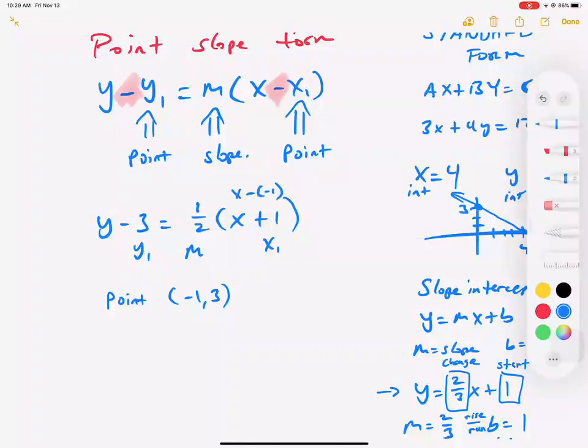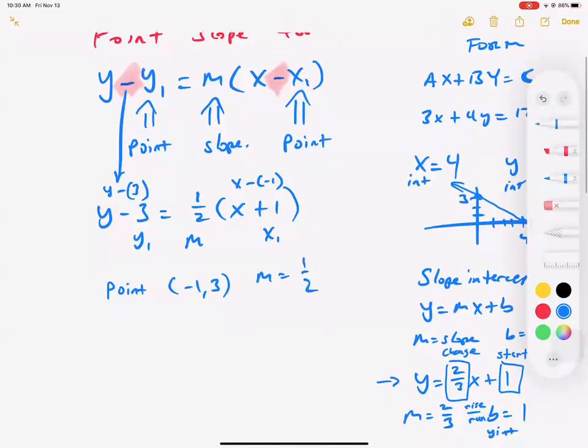So that's a big mistake that kids always forget, that the negative is already there. So I need another negative to make it positive. How about the 3? Well, y minus 3. Well, the 3 is fine. The negative is already there. See, the negative is already there. And the slope is 1/2.